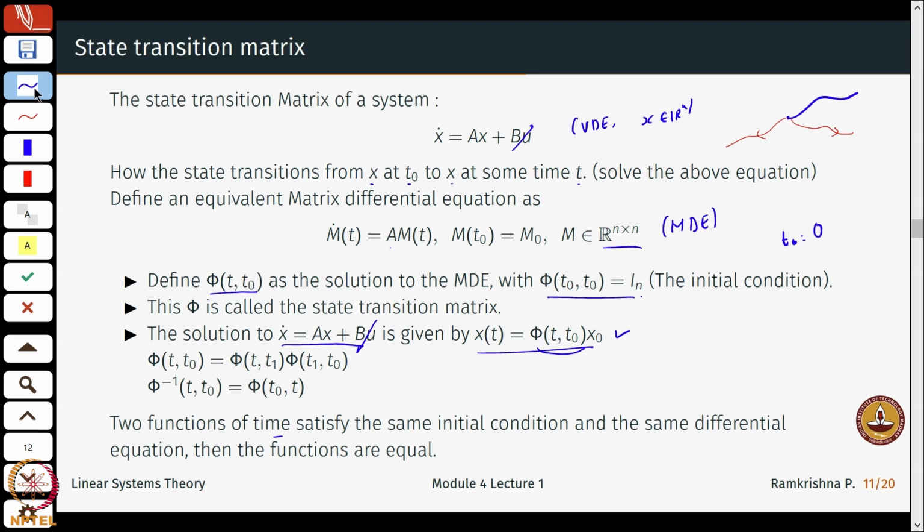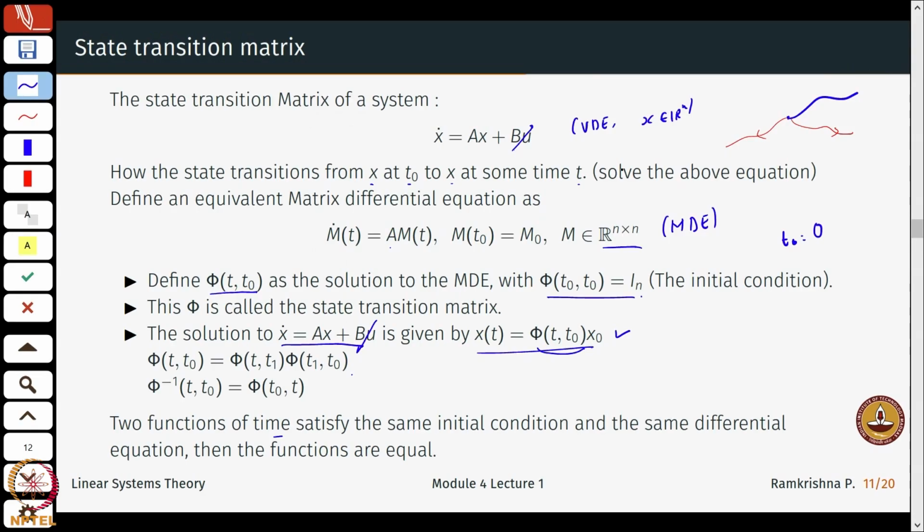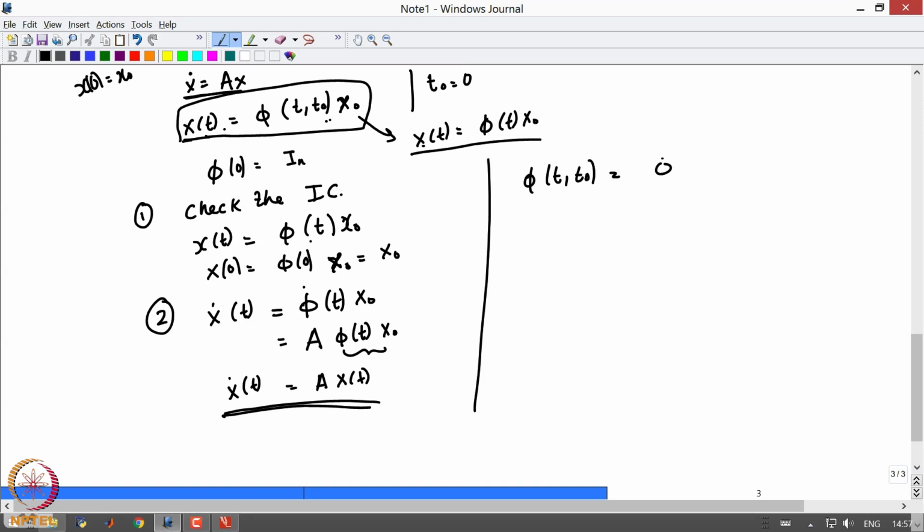Okay. The second thing which we can prove is the following, right. So, let me write this down: phi t comma t naught is phi t comma t1 phi t1 comma t naught.